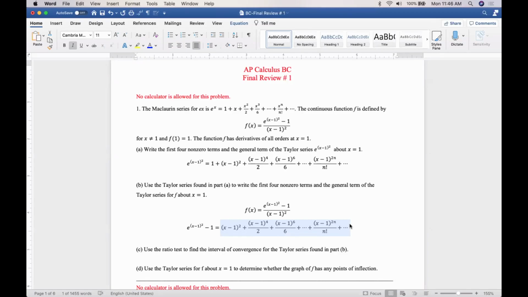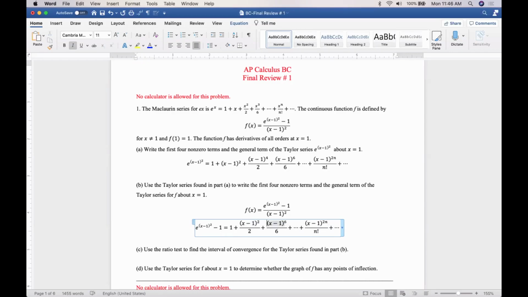That's how we divide. When you divide by one quantity, you take each term and divide by that quantity. You don't just divide one of them, right? So if I divide the first term here by the parentheses squared, what would it be? 1. If I divide that by the parentheses squared, what would it be? Subtract exponents, right? X minus 1 to the 4th divided by x minus 1 squared. Subtract exponents, you get 2.